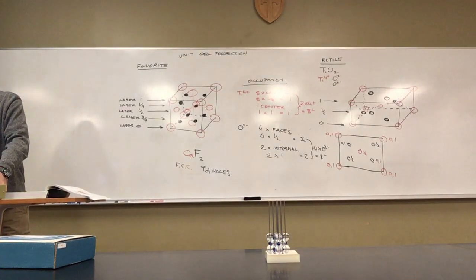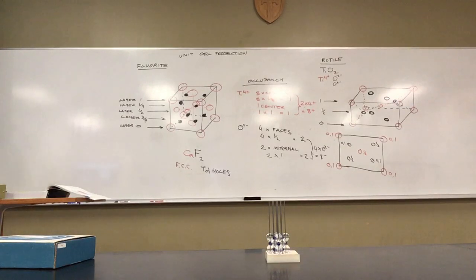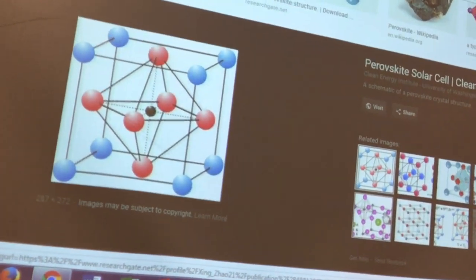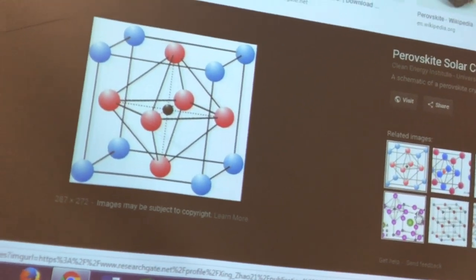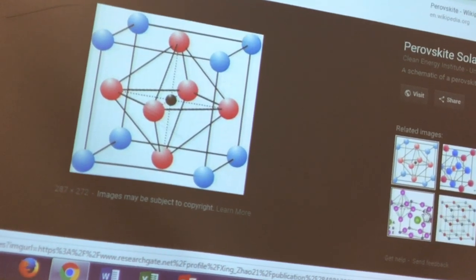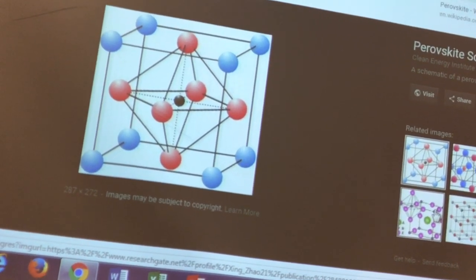Actually, this one's not so bad. So, here's perovskite, and perovskite has 3 different ions in it.